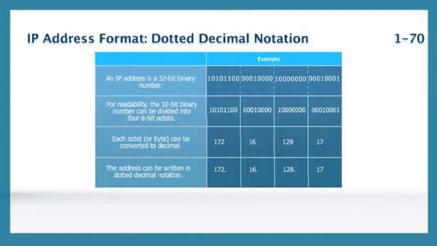And then finally, we put a period in between each of those decimal representations to help define the octet. So we have 172.16.128.17, and this is the representation we use as humans for that 32-bit binary number that the computer utilizes.